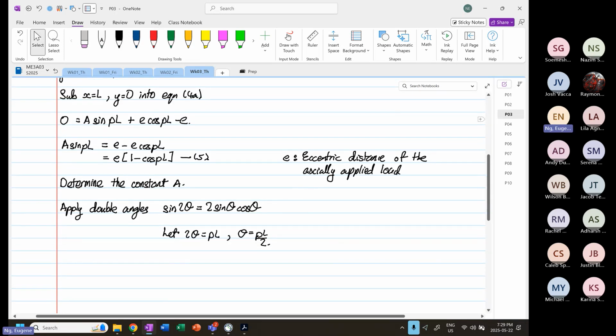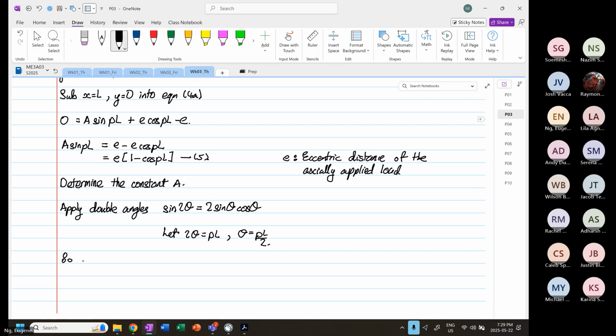Okay. So now, by knowing this, we know that therefore sin 2 theta is equal to what? Sin pL. And this will be equal to 2 sin pL over 2 cos pL over 2. Okay. And this is our equation number 6.